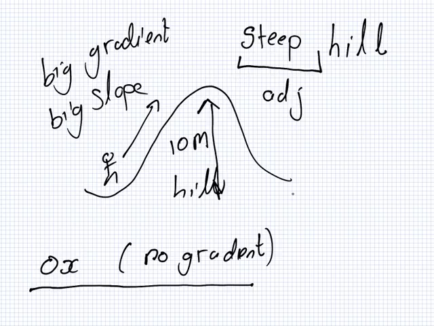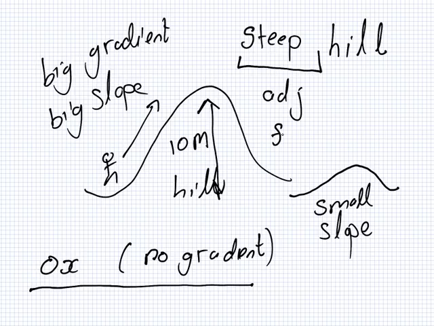And what about the opposite? What about a hill like this, which has a small slope? What can you call this? Anyone know? You can call it a flat or level hill.